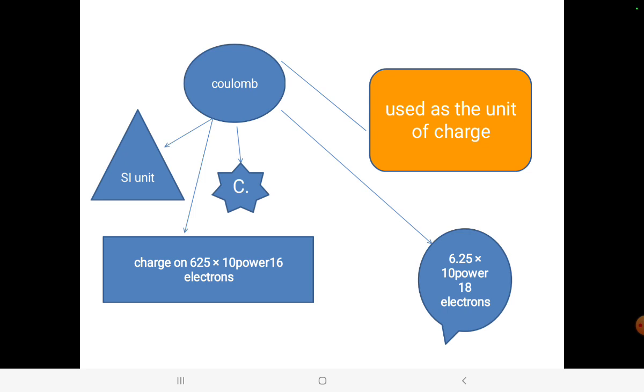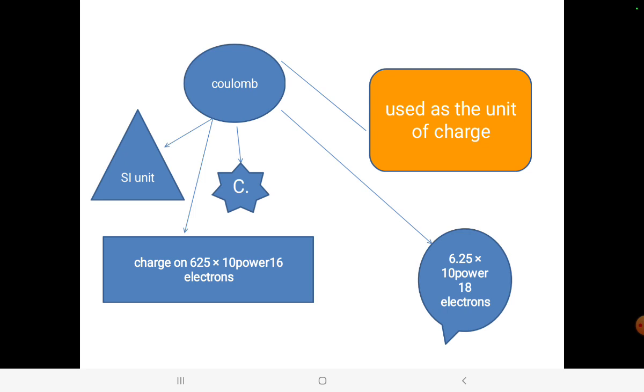So 1 coulomb of charge moved means that many electrons moved, that is 625 followed by 16 zeros. If such electrons are transmitted or moved, then it is known as 1 coulomb of charge passed, right? Very great thing, right?